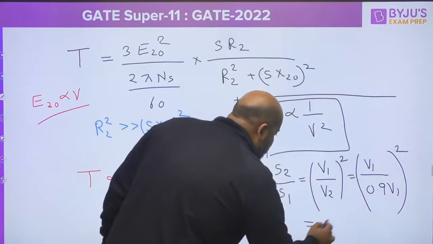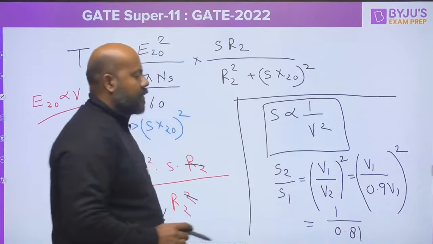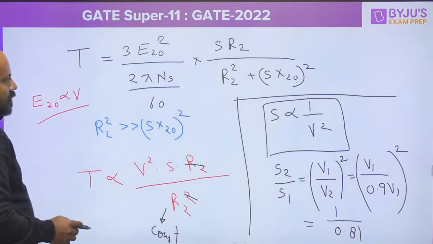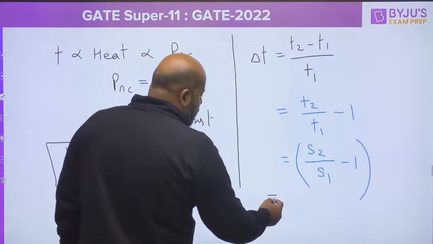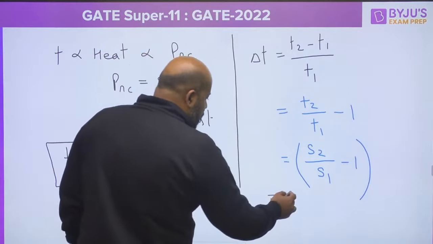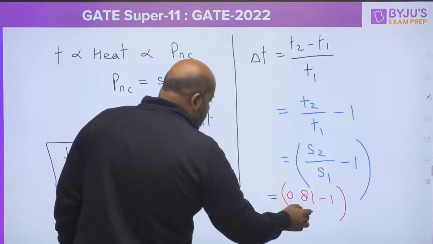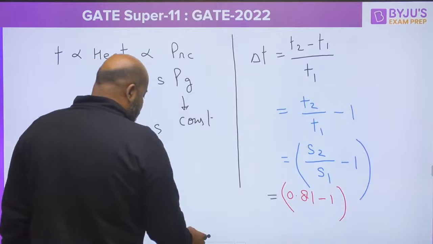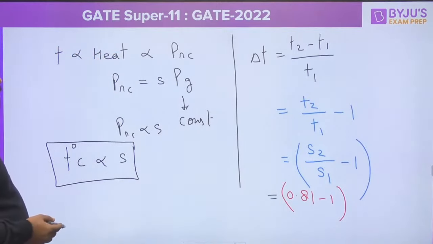So this is going to be 1 upon 0.81. Yes or no? So can you put this value here? Yes or no? 0.81 minus 1. So just solve this and you will be getting your answer.